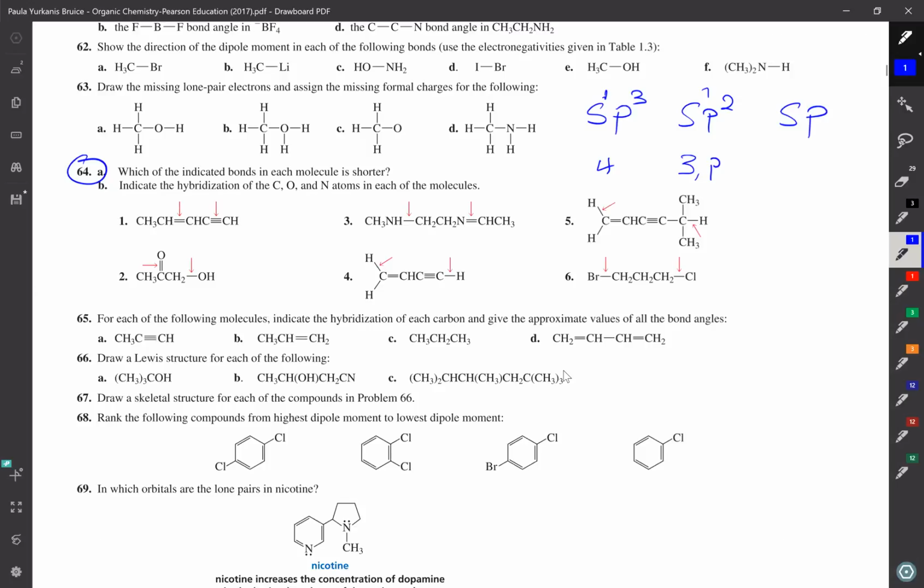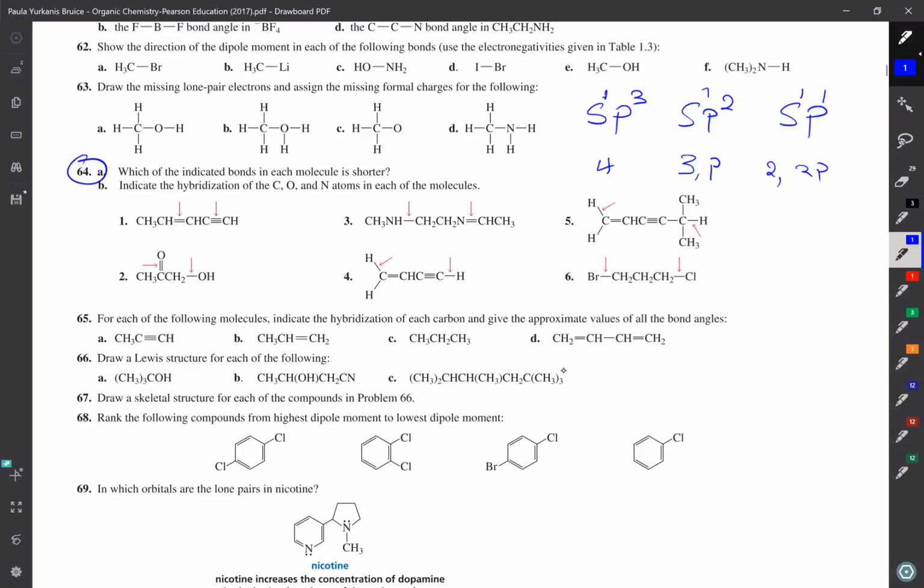In an sp, you have 1 s orbital combining with 1 p orbital, so you have a total of 2 hybridized orbitals, and you also have 2 p orbitals hanging around somewhere.